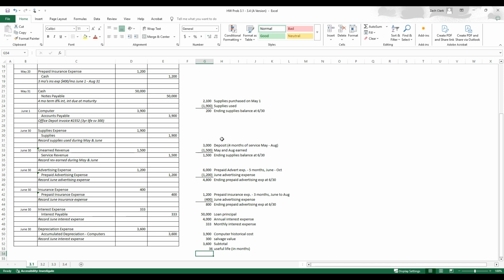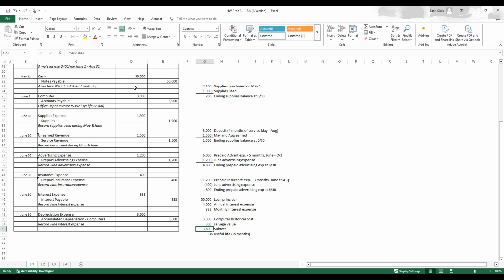It's 36. So 36 months. And then to get our monthly depreciation, we just take this subtotal divided by the useful life in months, and we get, I guess, $100 exactly. Yep. $100 of depreciation expense per month.